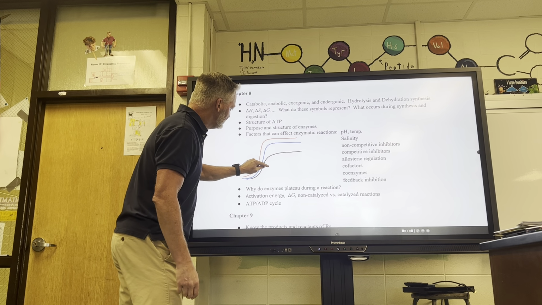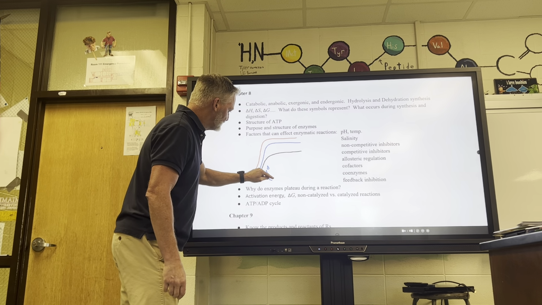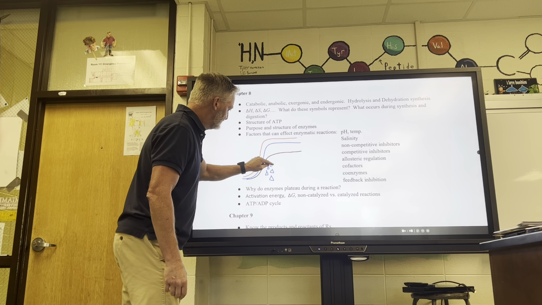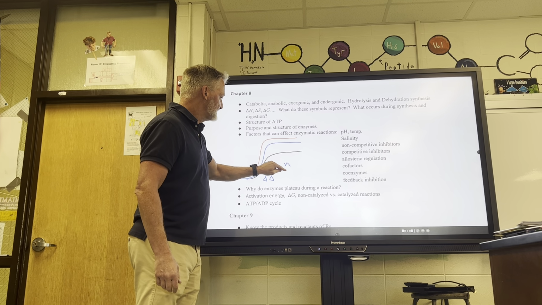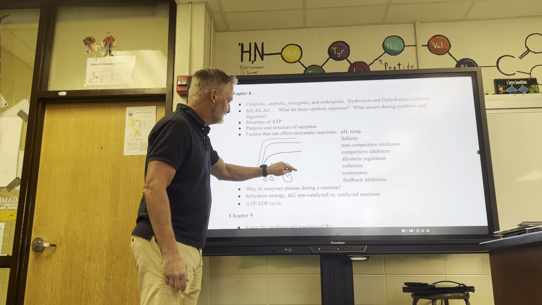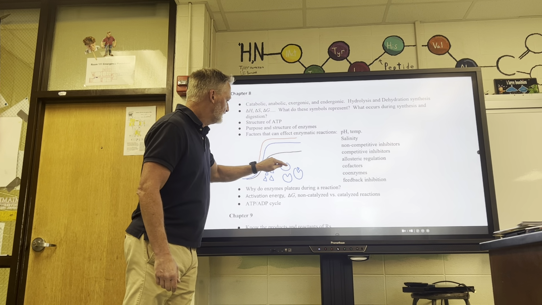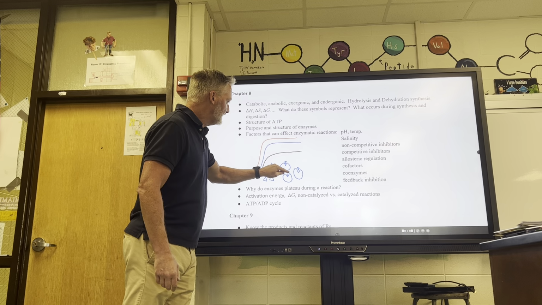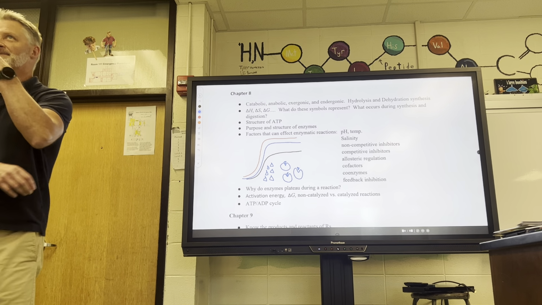So again, think about it. If you have all these substrates that we're trying to break apart, and we have all these enzymes, looking at this picture of what I drew, why is it plateauing?